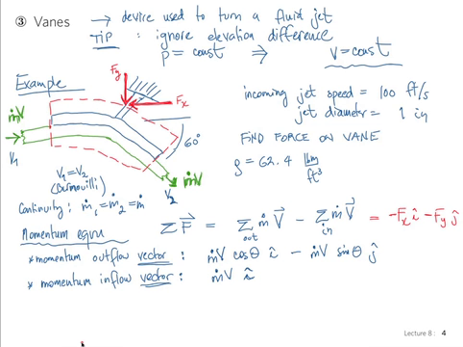Mass flow rate m dot is equal to rho AV. We know rho, and we have the area because we have the jet diameter. We have the diameter, we have velocity, we have rho, so all that is known. So basically now we can calculate the forces.